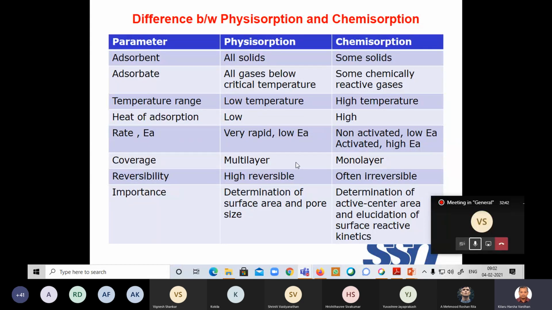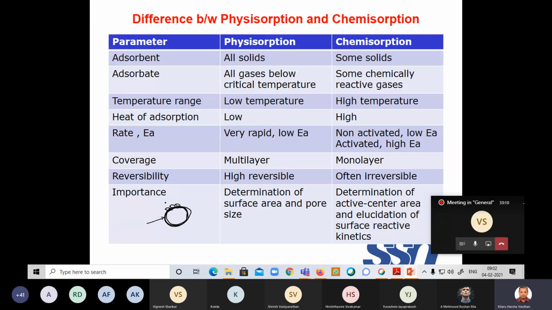Multilayer or monolayer, I'll just draw here. Now this is the solid. If the gas is present on the entire surface of the solid, that is, it is covering the entire surface of the solid, then it is called a monolayer.